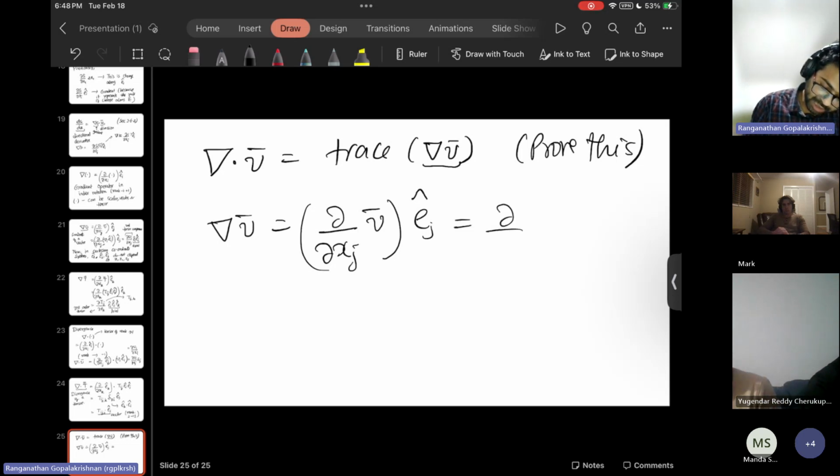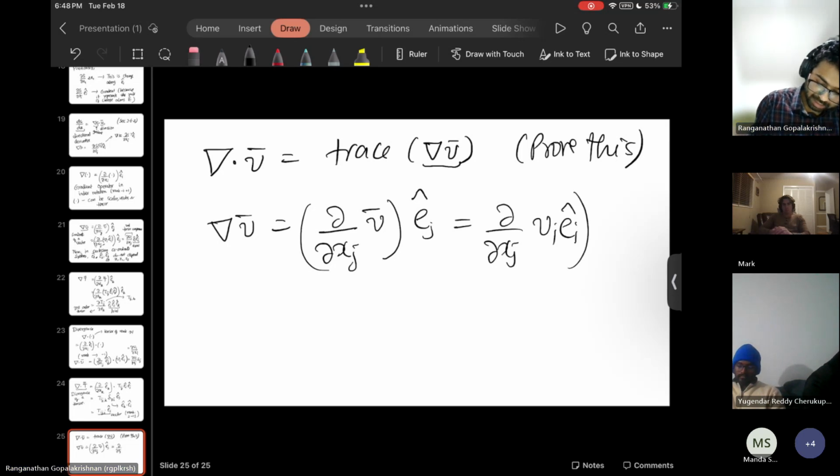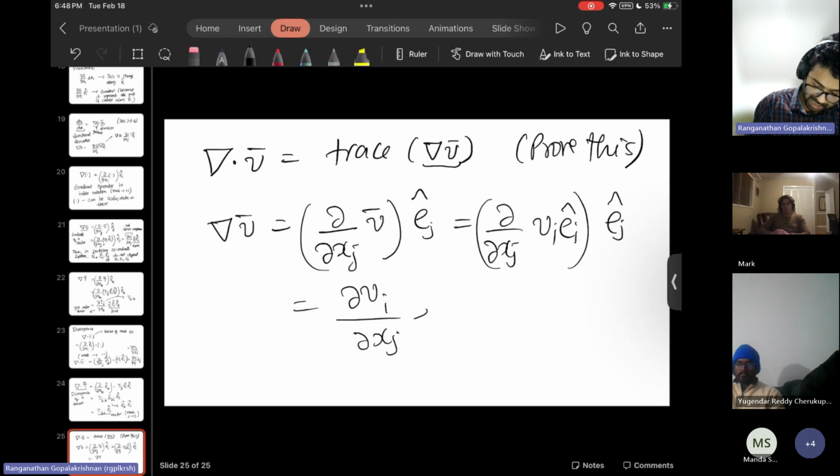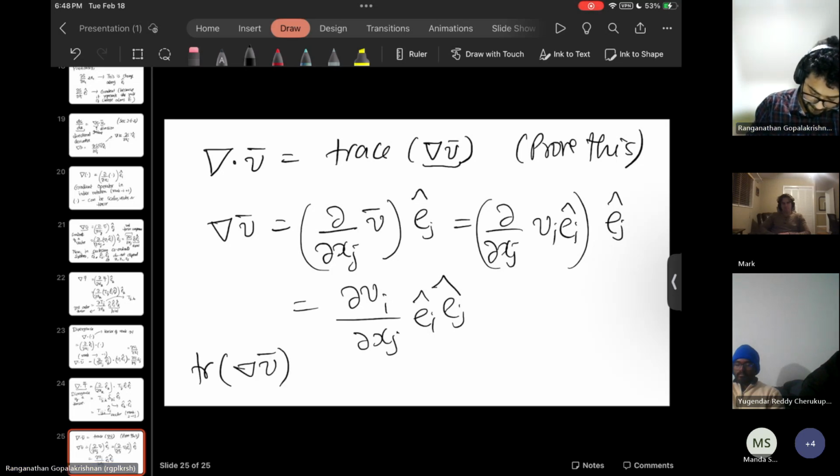So this is partial over xj Vi ei ej, that is partial Vi over partial Xj ei ej. That's the tensor whose trace you want to compute. And how do you compute trace of a tensor? What is trace?